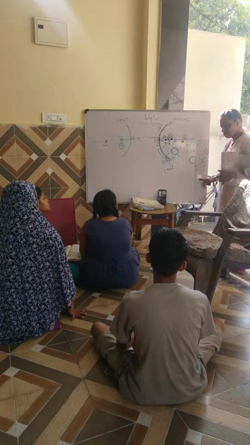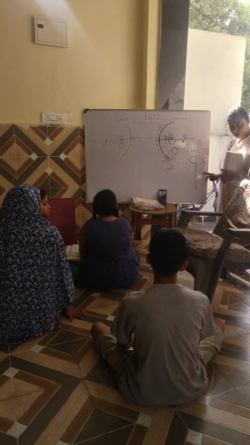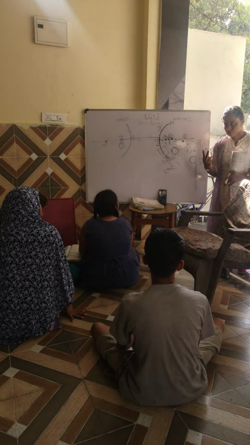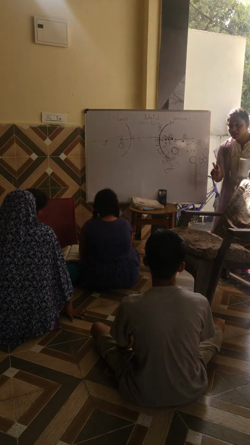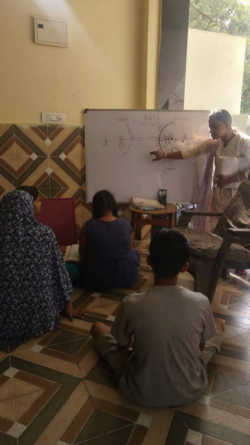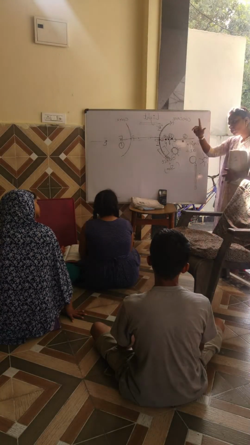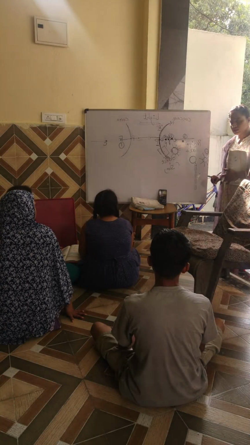If you keep the pencil here at infinity position, very far from the mirror, we are considering only two cases. The first case is at infinity position. The second case is at finite distance. At finite distance I know that distance; at infinity I don't know that distance.